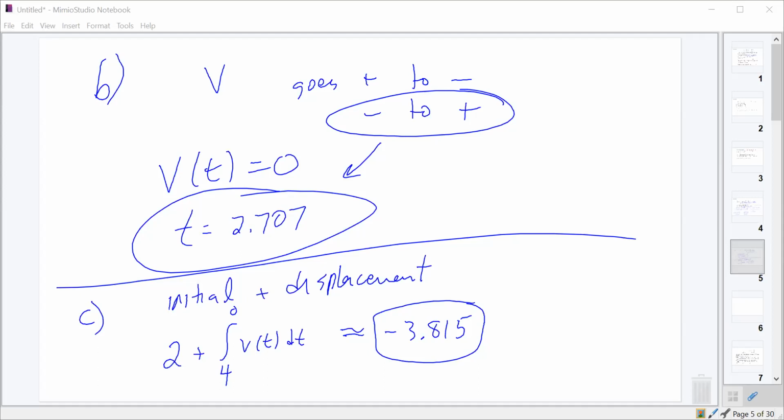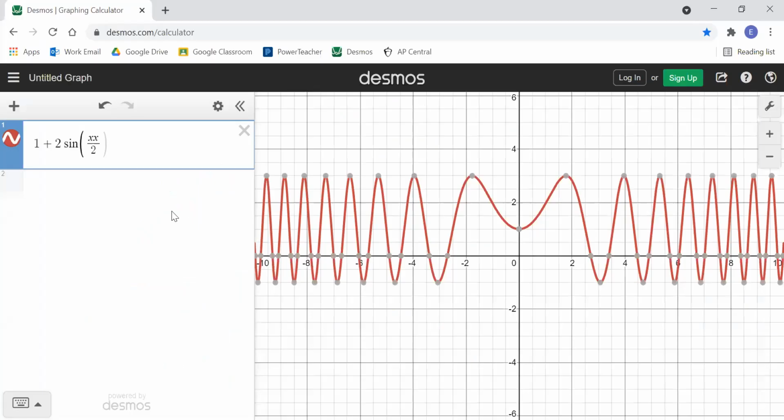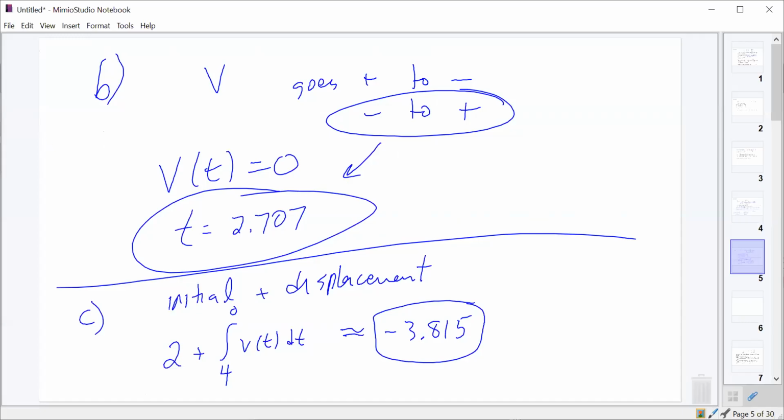So you just look at the graph to determine that it's going from negative to positive. What was it? Or positive to negative, sorry. At 2.707, the graph goes from positive to negative. Didn't you guys say it went from negative to positive? I don't remember who said that. It goes from positive to negative.